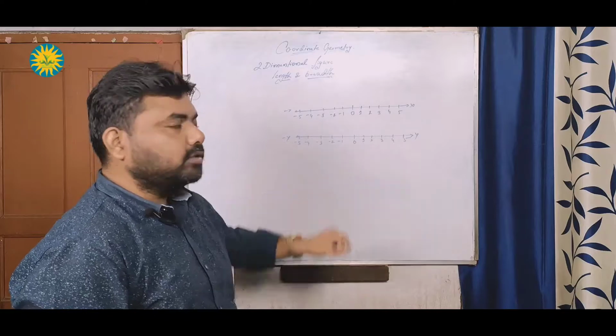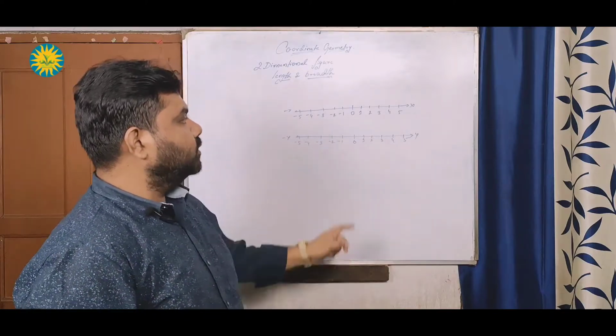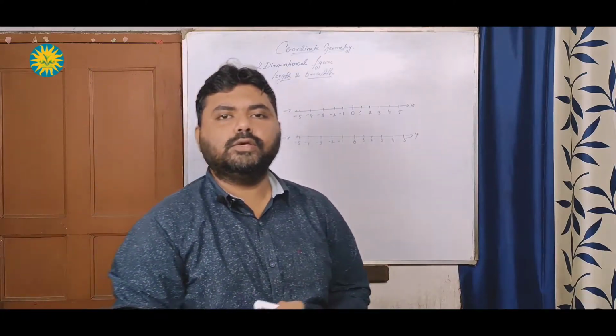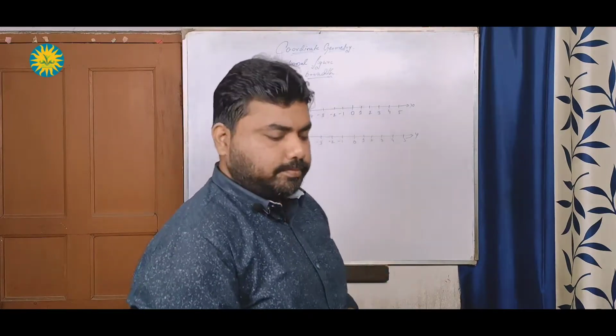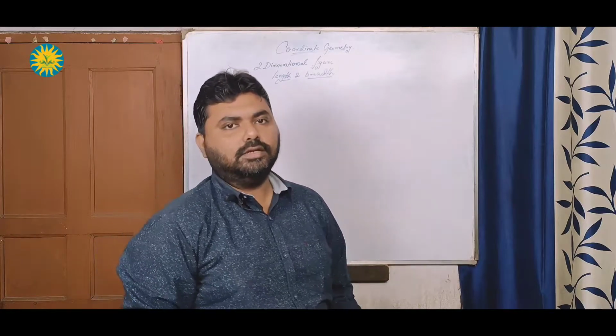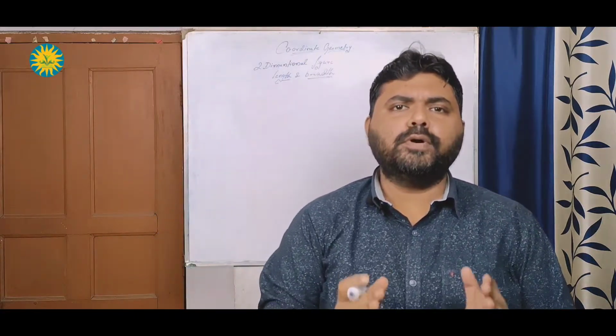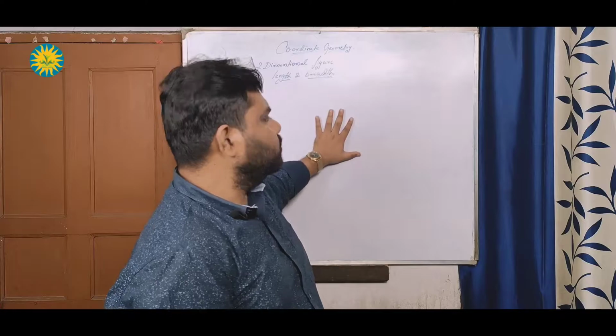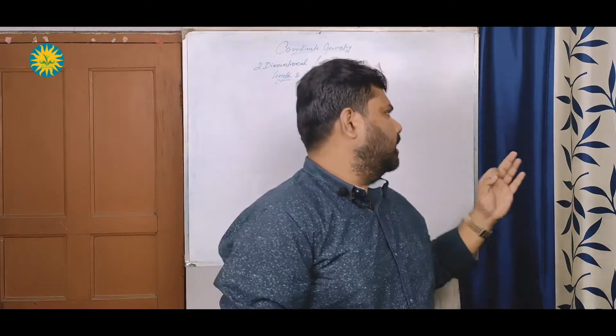So how will we draw this? These two number lines will intersect each other perpendicularly, that is, at 90 degrees. If we use graph paper, we can draw these number lines on it.